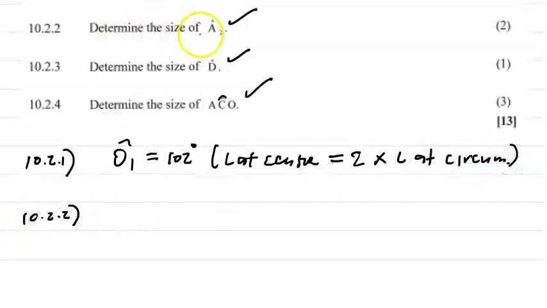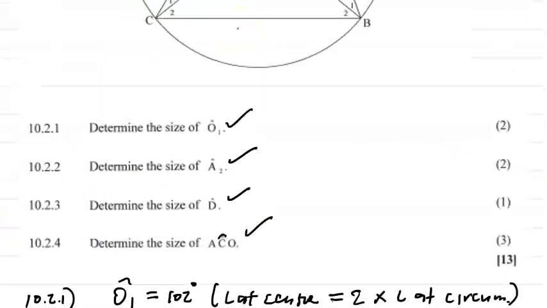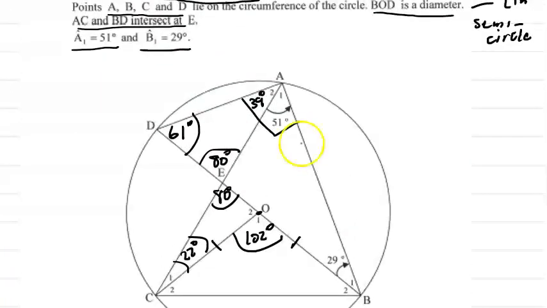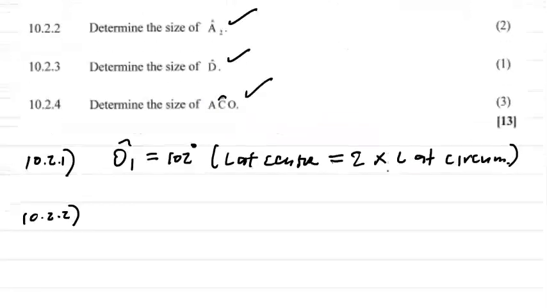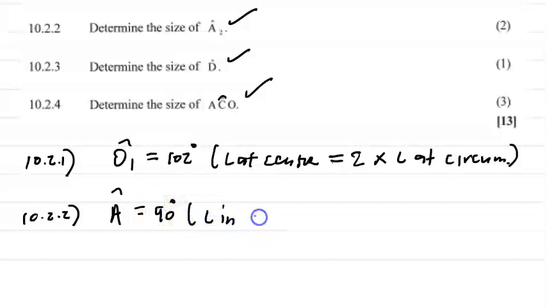10.2.2. Determine the size of A2. So now we'll say A2. The first thing we'll say is that angle A is going to equal 90 degrees, angle in semicircle. So we'll say A equals 90 degrees, angle in semicircle.